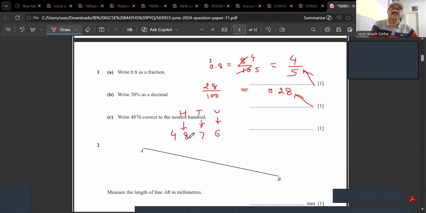But before that, we have to see the digit coming next to the hundreds place. After it, 7 is coming, and 7 is greater than or equal to 5, so this 8 will go up by 1. So this will become 4900. This is the correct answer. So 4876 correct to the nearest 100 will be 4900.